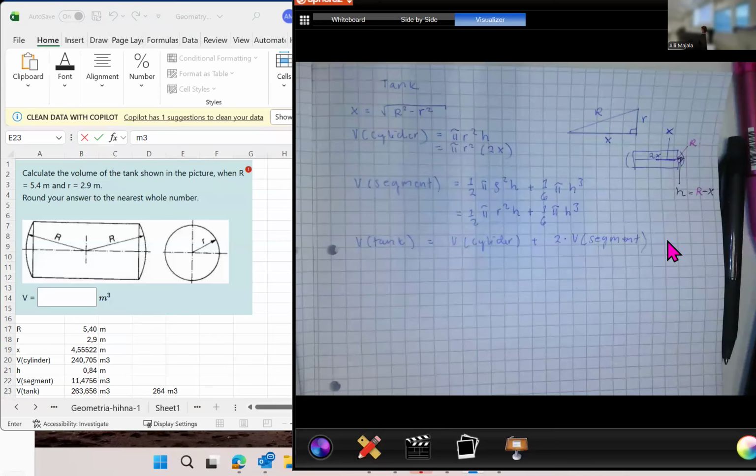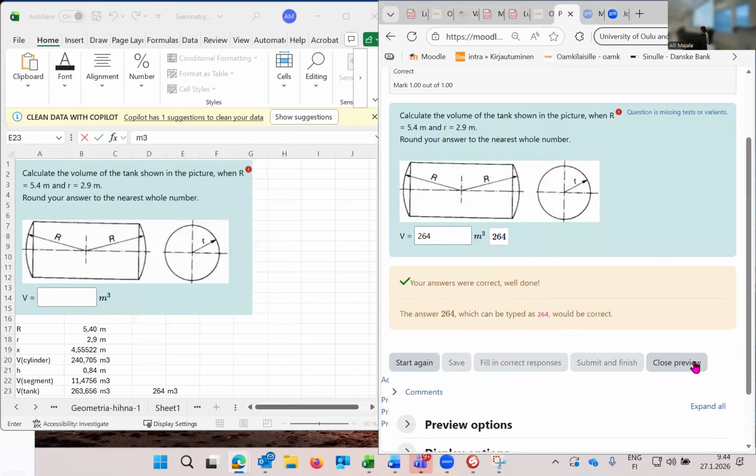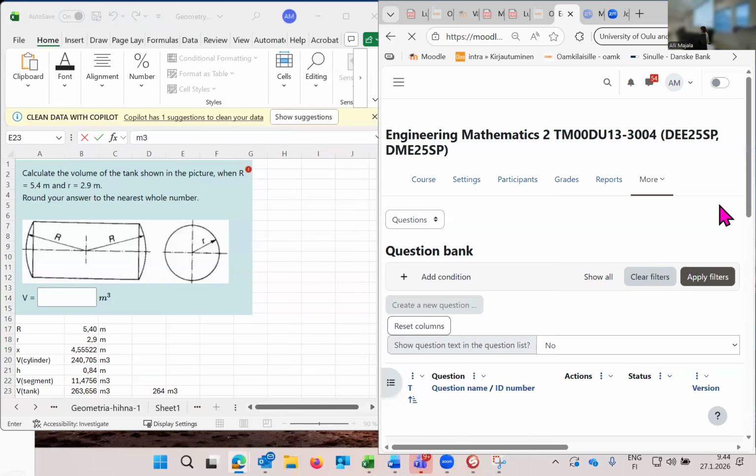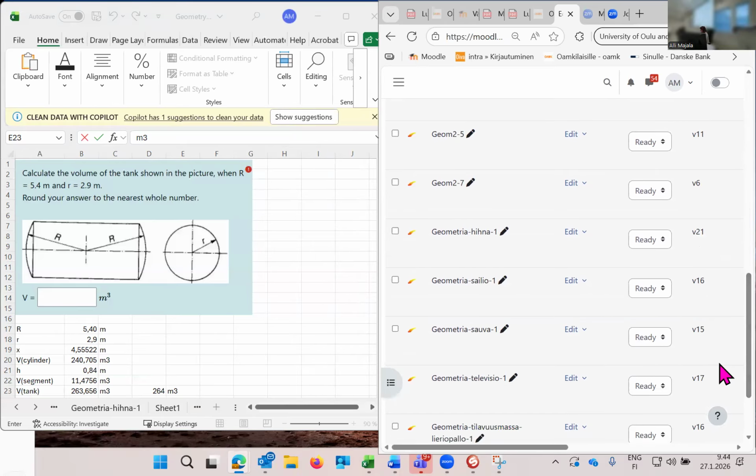This wasn't too bad. Do you want some other exercise still? That one we calculated.